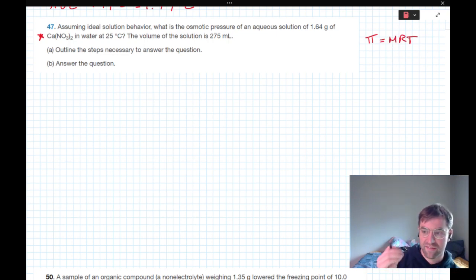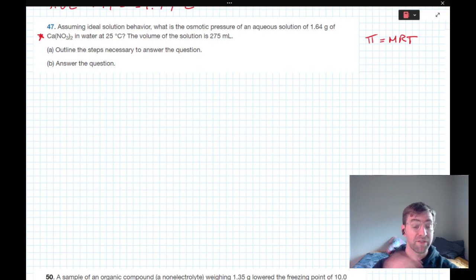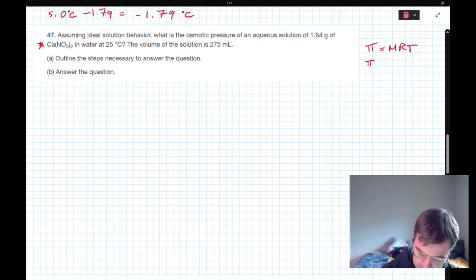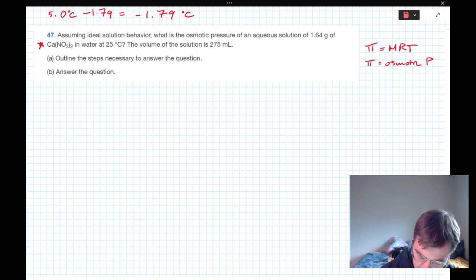So for calculating osmotic pressure, we're now concerned with molarity again, which is moles of solute per volume of solvent. So this is osmotic pressure. We have moles of solute per liter.